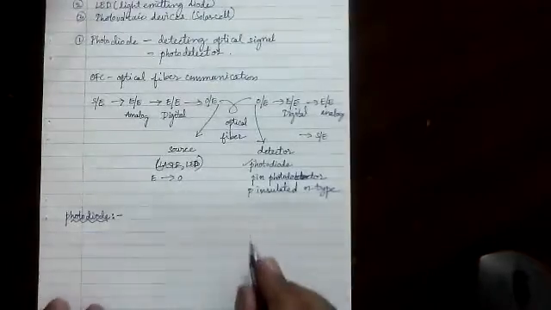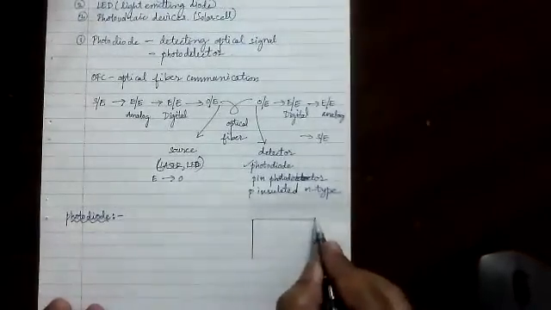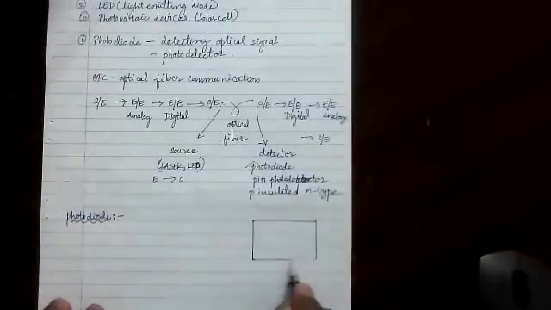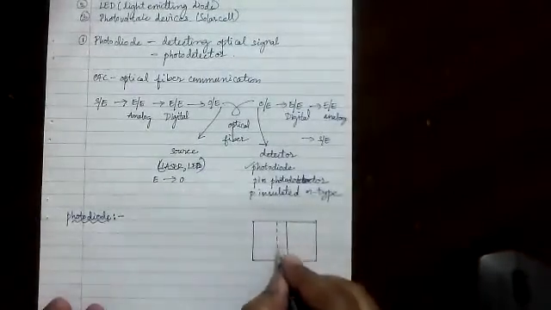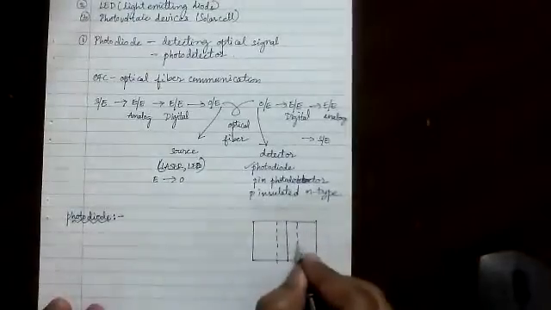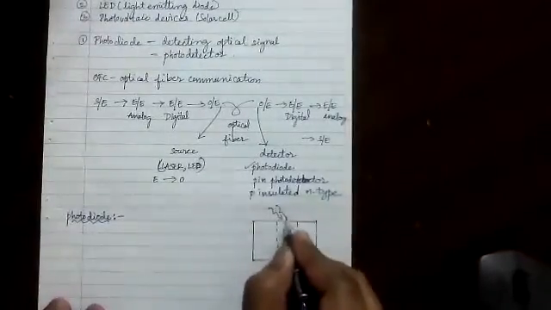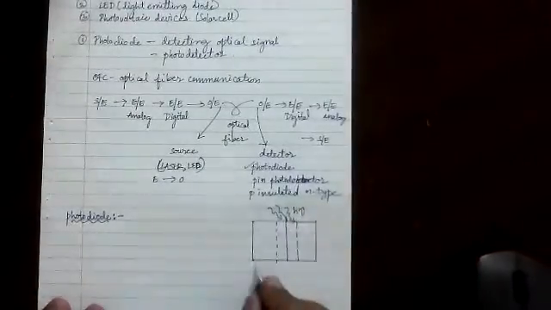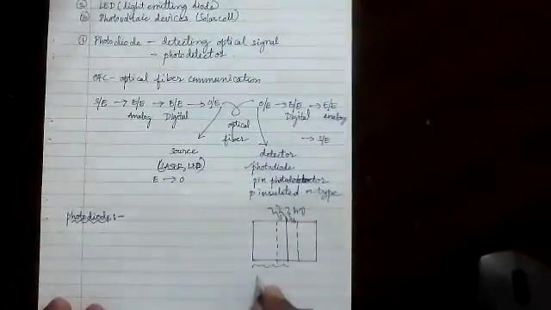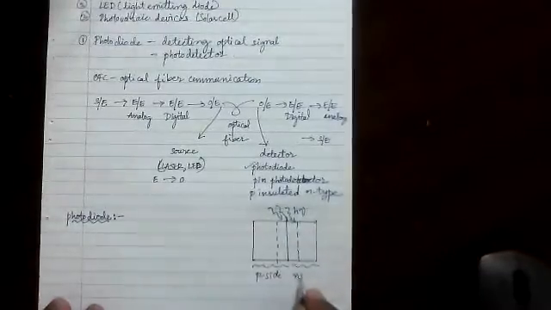In the photodiode, what is happening now here? This is h nu. This is the P type, P side, and this is the N side.